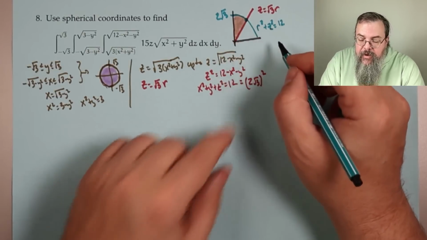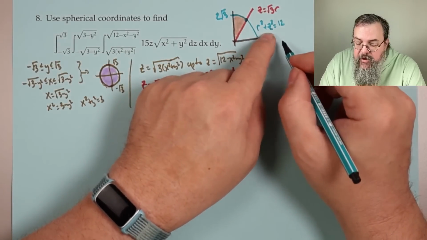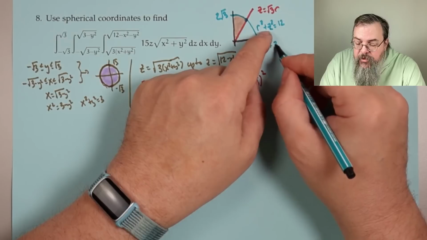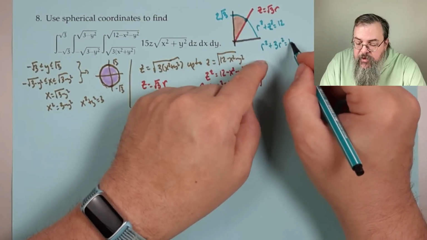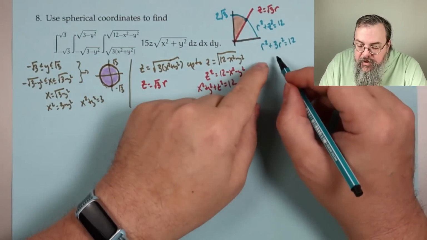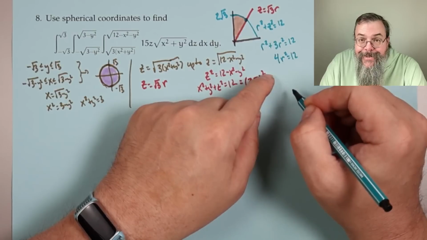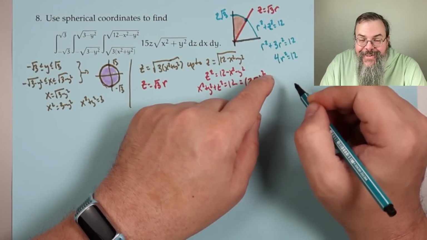So if we say that, then what we get is that r squared plus, here, z would be 3r squared equals 12. And that becomes what? 4r squared equals 12, right? Yes? Good.